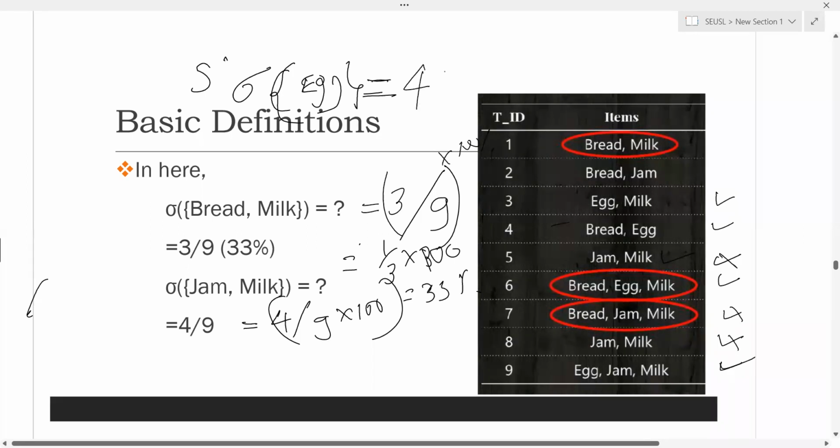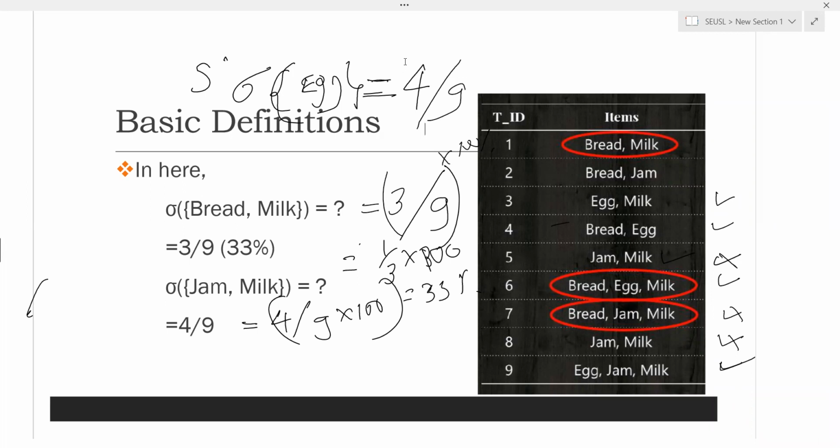So 4 divided by total number of transactions, that is called support of egg. So you need to check each and every transaction, how many transactions contain eggs. 9th one is there, 6th one is there, 4th one is there, 3rd one is there, total number of 4.